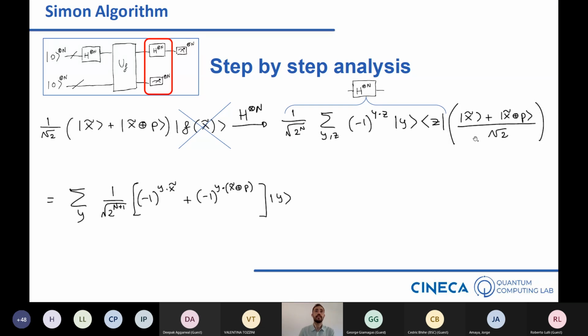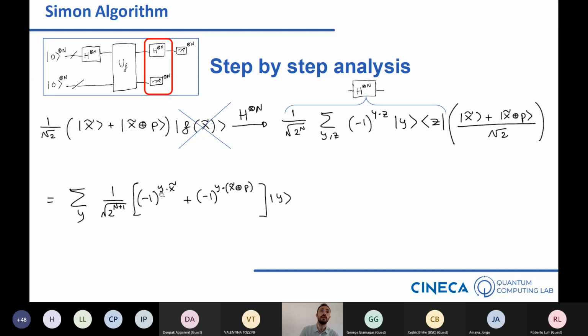Again, we get a scalar product between z and x tilde, and between z and x tilde plus p, which means that in one case z becomes equal to x tilde, and in the other case z becomes equal to x tilde plus p. So we have at the end this term here.